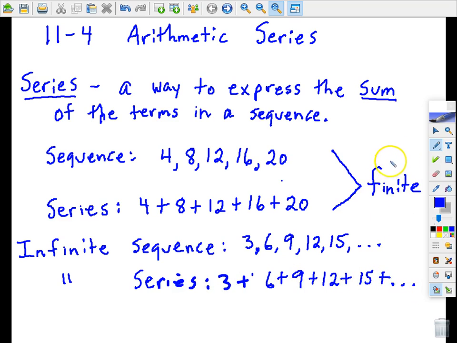So our focus in this lesson will obviously be dealing with finite arithmetic series and how to find the sum of these series. I just wanted you to see the difference. When you see the word sequence, it means just the list. Series, the sum of the terms in the list.